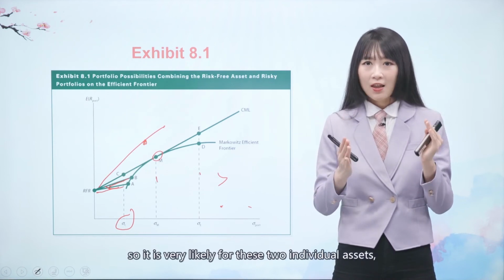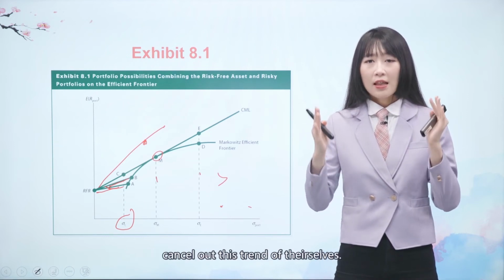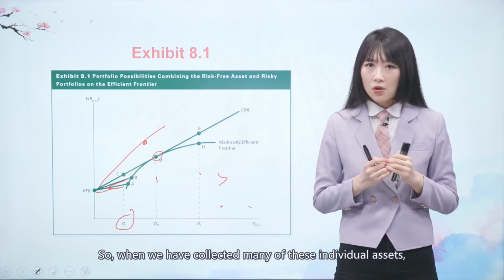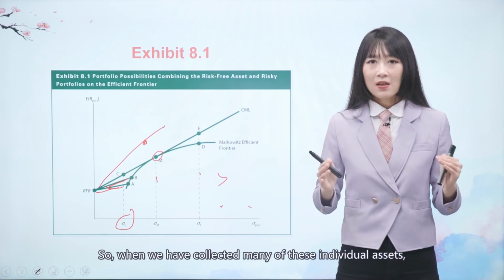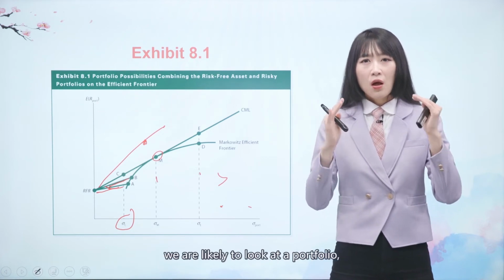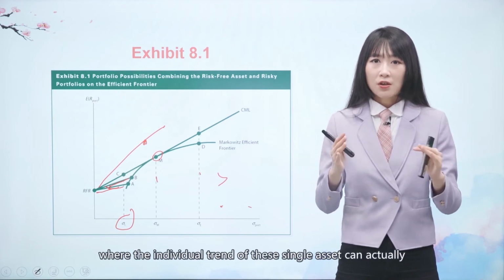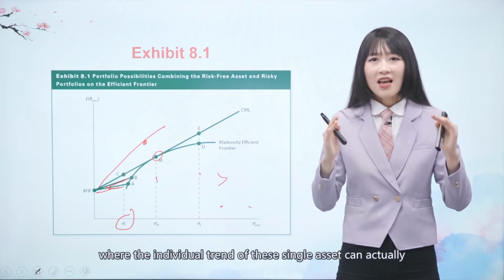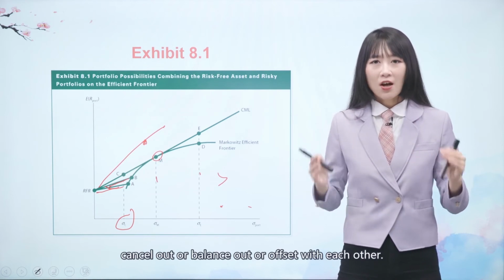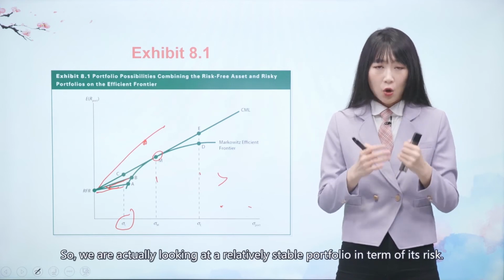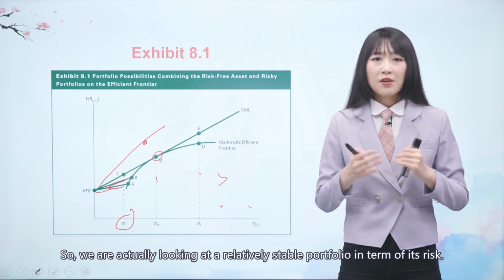It is very likely for these two individual assets to cancel out the trend of themselves. So when we collect many of these individual assets, we are likely to look at a portfolio where the individual trends of single assets cancel out, balance out, or offset each other. So we are actually looking at a relatively stable portfolio in terms of its risk.